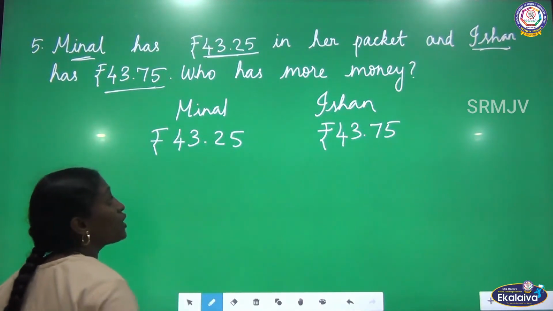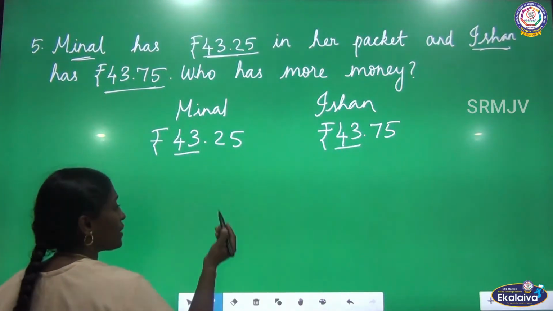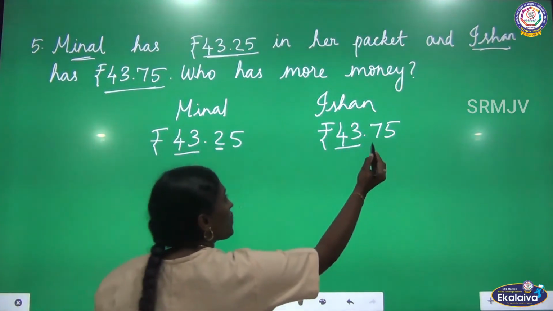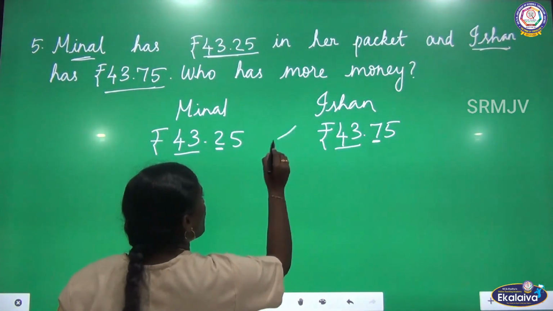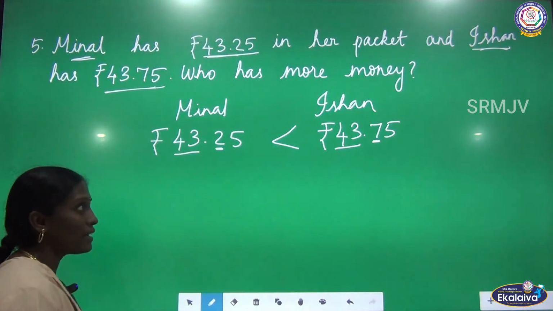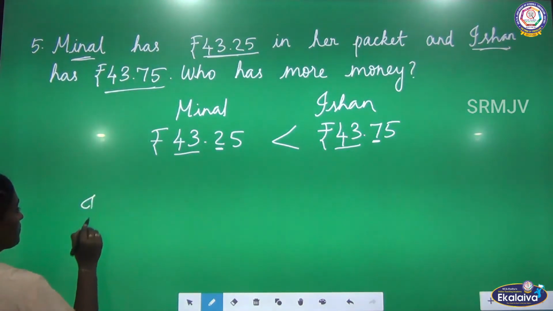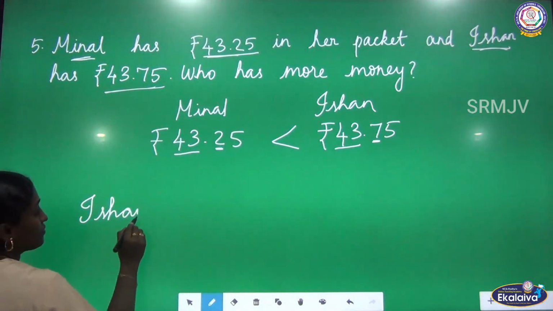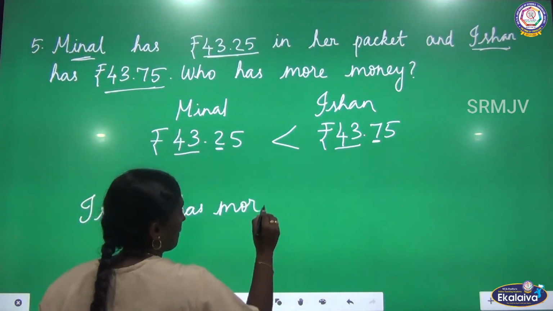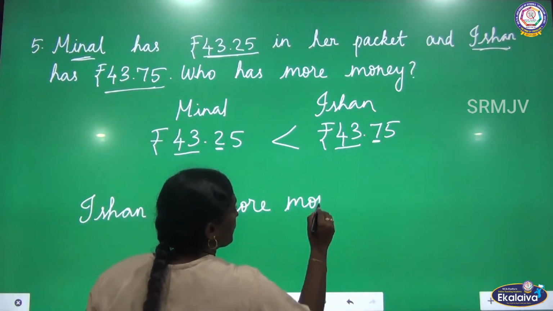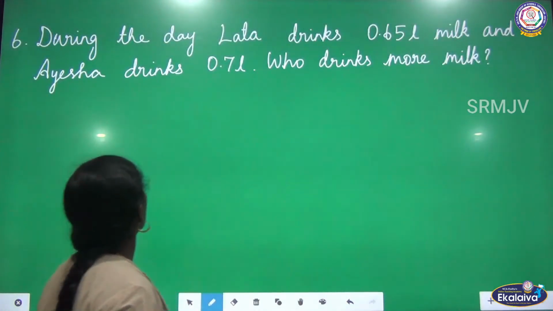Now we have to find out the greater one. The whole number part 43, same number. So we have to check the first decimal place. Here 2, 7. So 43.75 is the greater number. So Ishan has more money. Is it clear, children? The next question.